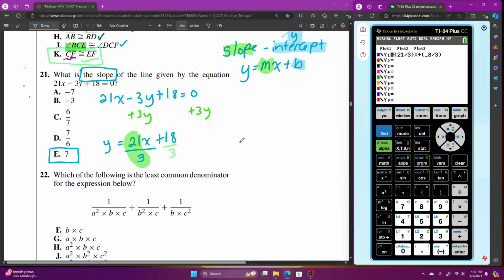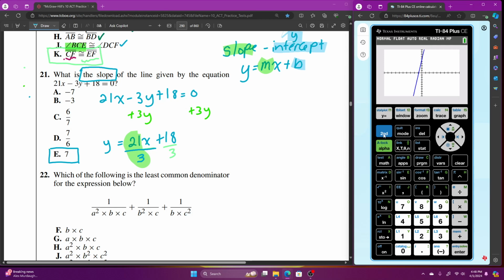And anywhere I have a fraction, I'm just going to put it in parentheses because I'm feeling lazy. And then hit graph. And then you can see between the points here, we have a point here and a point here. And we're going up 1, 2, 3, 4, 5, 6. We're going up by 7.